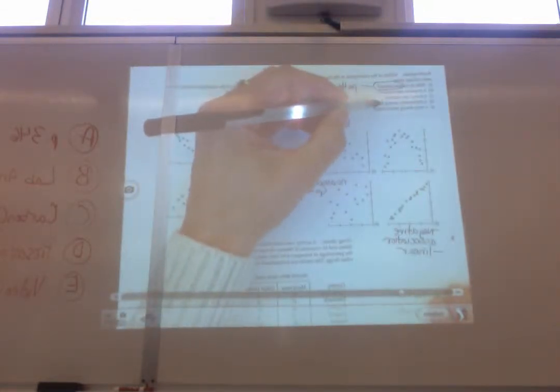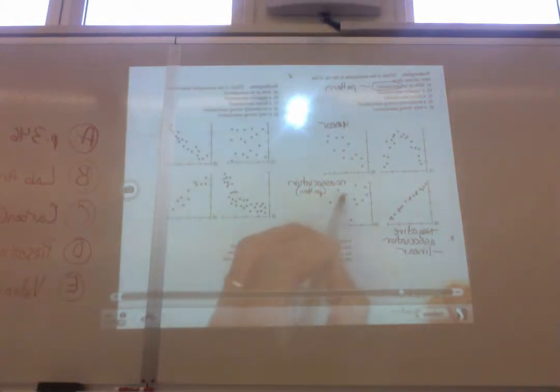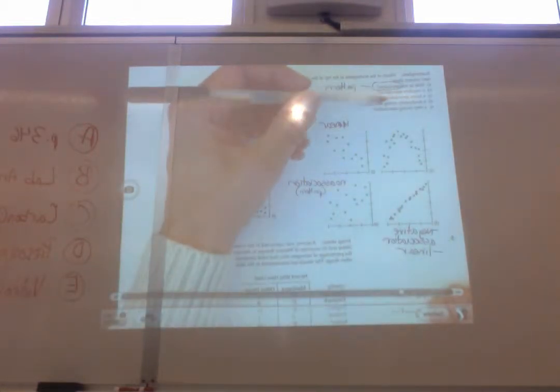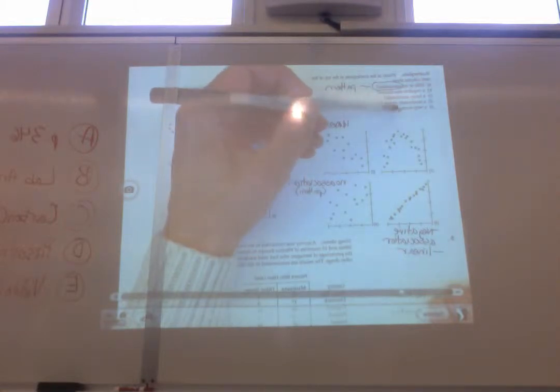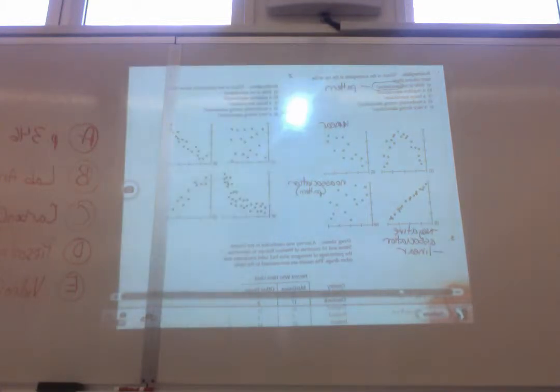Moderately strong association. If this is a weak to no association, we've got two choices left, strong and moderately strong. Who do you think is very strong and who's moderately strong? 1 and 3 because they're compacted.